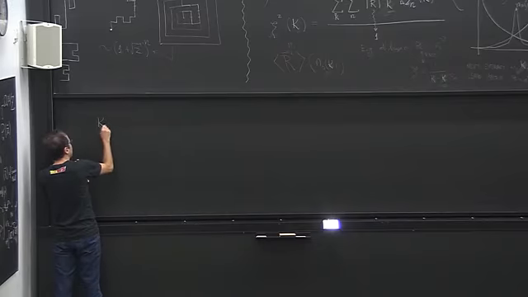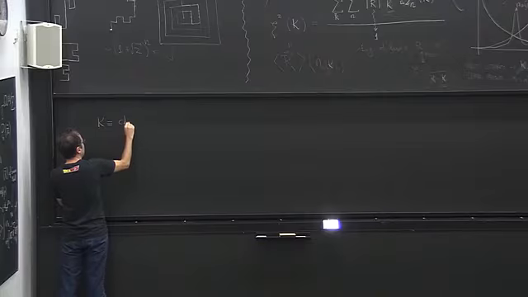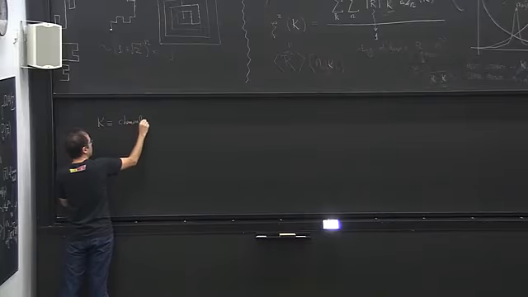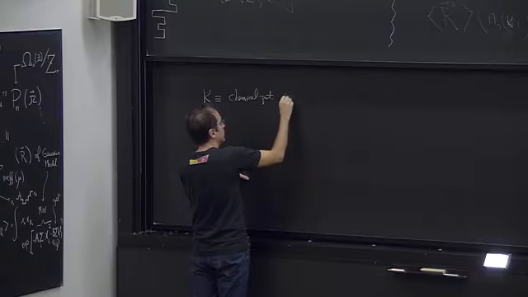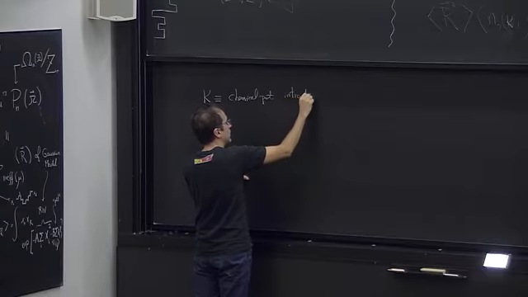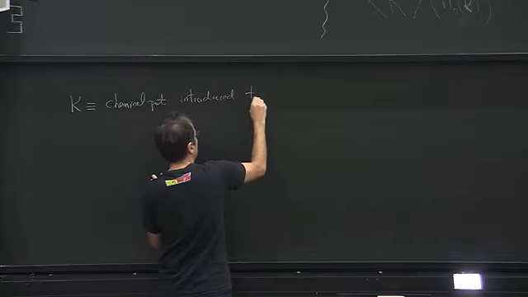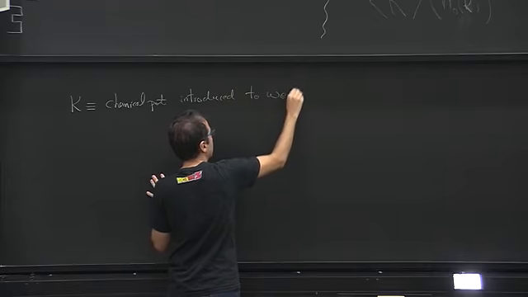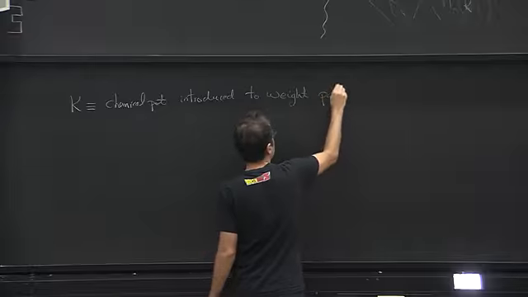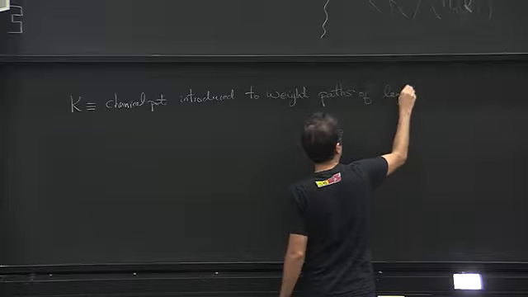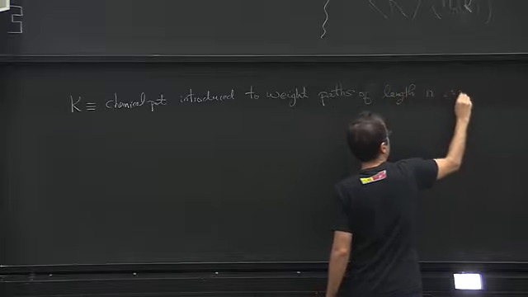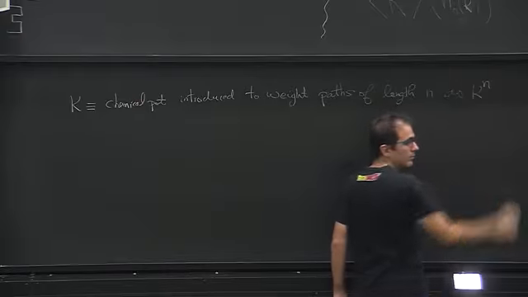So K is a chemical potential introduced to weight paths of length n as k to the n.